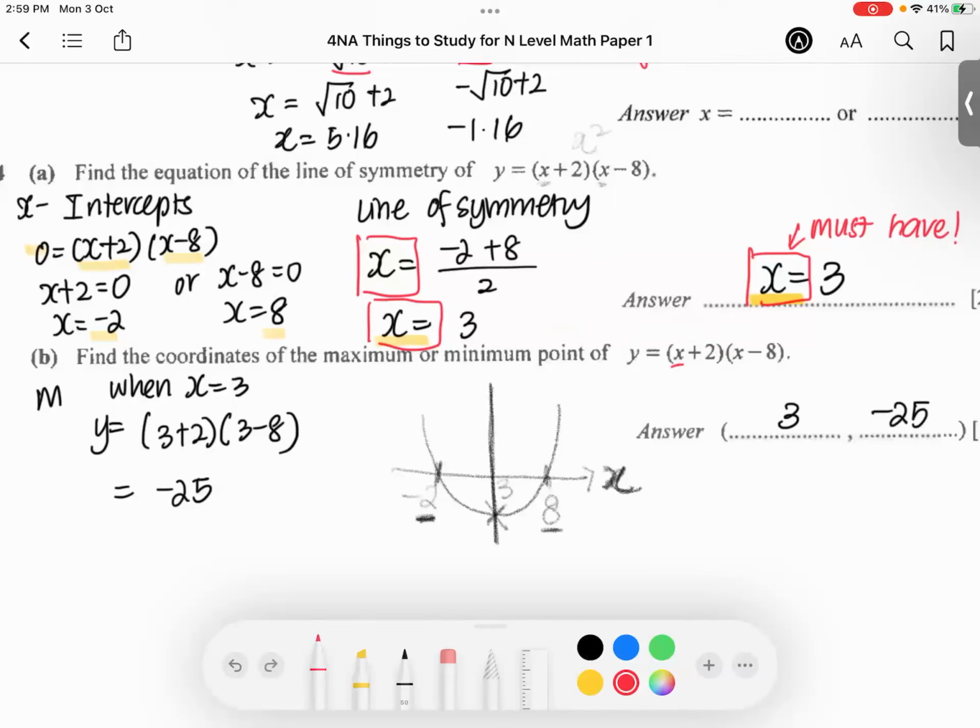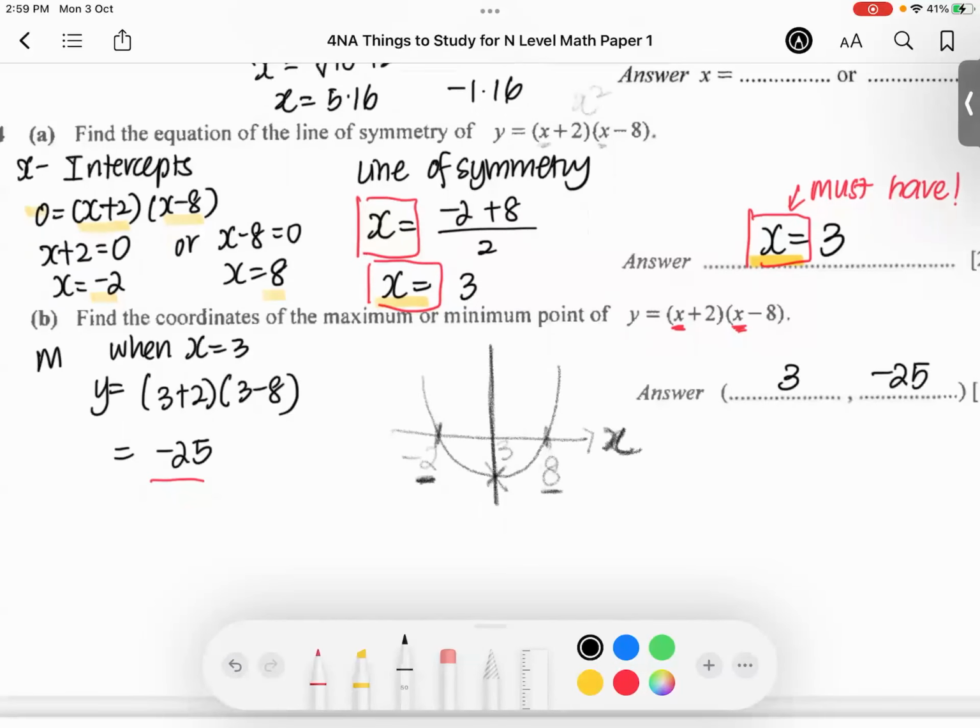I change x to the number 3 and plug it inside my equation. I get my answer y equals -25. Here I know this is my y-intercept. This information is sufficient for me to at least minimally sketch the graph of this equation already.